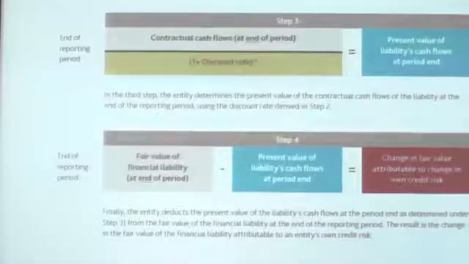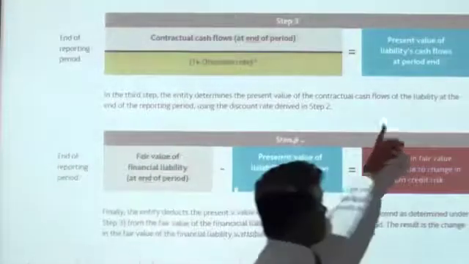Therefore, the next stage: at the end of the reporting date, future cash flows will be discounted by the calculated discount rate. The calculated discount rate will differ from entity to entity and instrument to instrument due to their specific credit risk, right? Then you will have a present value of the future cash flows, clear?